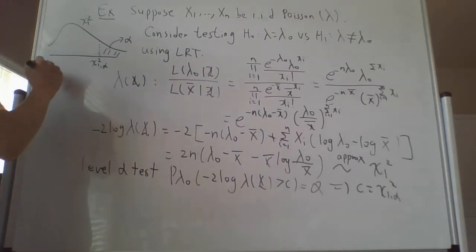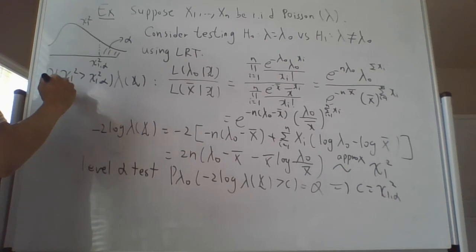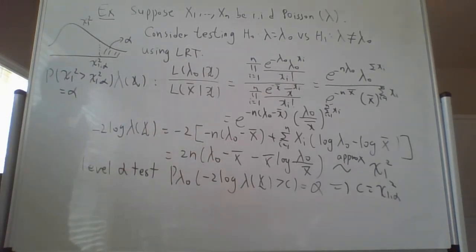So this means that, let me back up, the probability that the chi-square random variable with 1 degree of freedom is greater than the 100 times 1 minus alpha percentile of the chi-square distribution with 1 degree of freedom is equal to alpha.